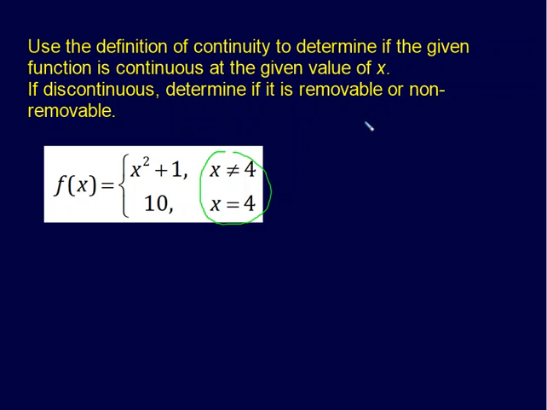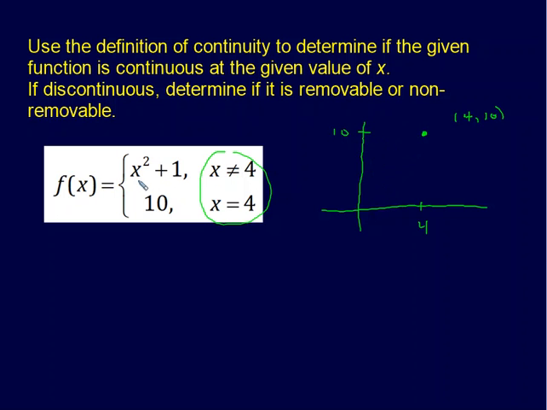So to lay out what we're investigating, the part that I do know is that when x equals 4, the function value is 10. So there is a defined point for 10. In order for this to be continuous, the graph drawn by the rest of this function must approach this point and leave it as well from either side.